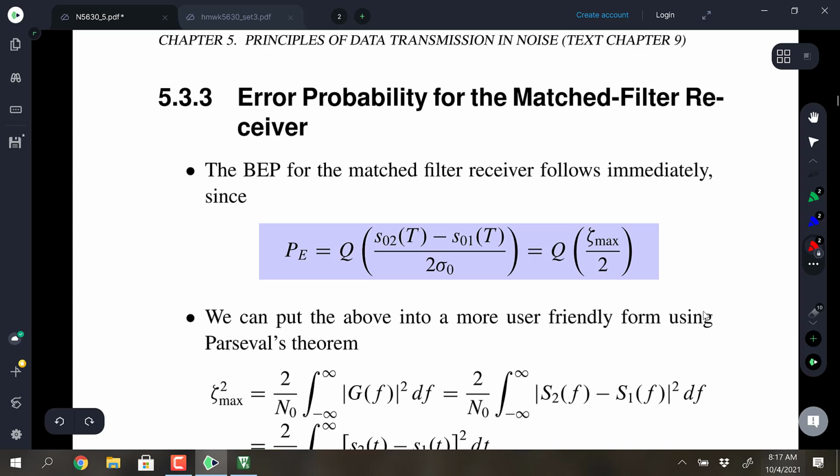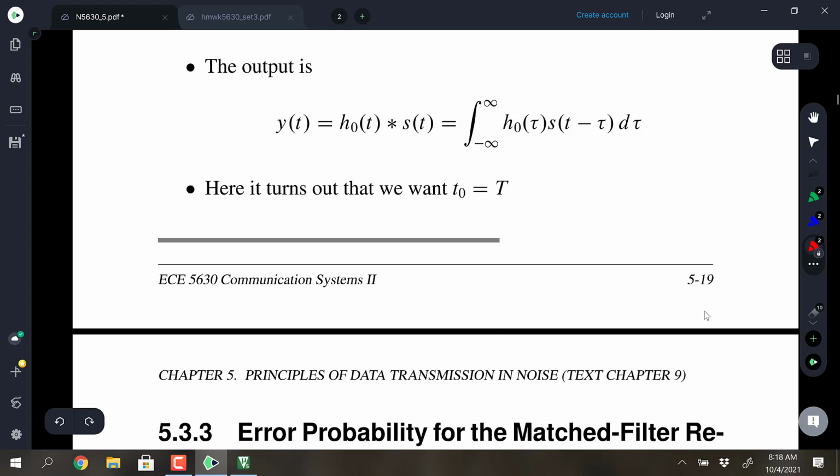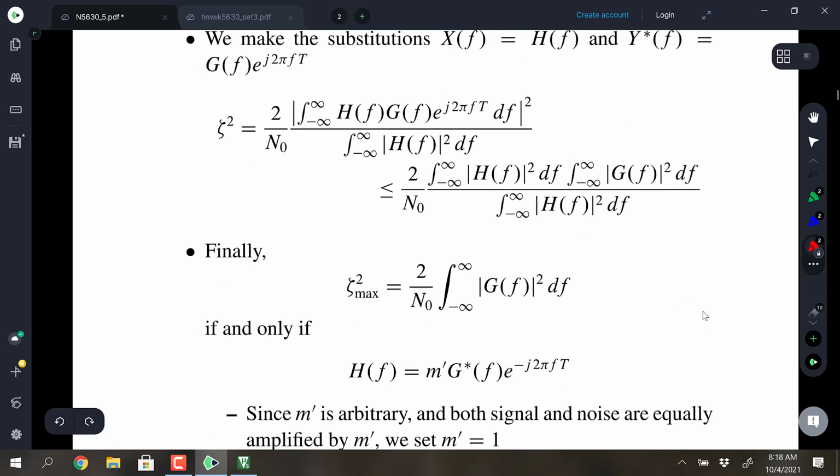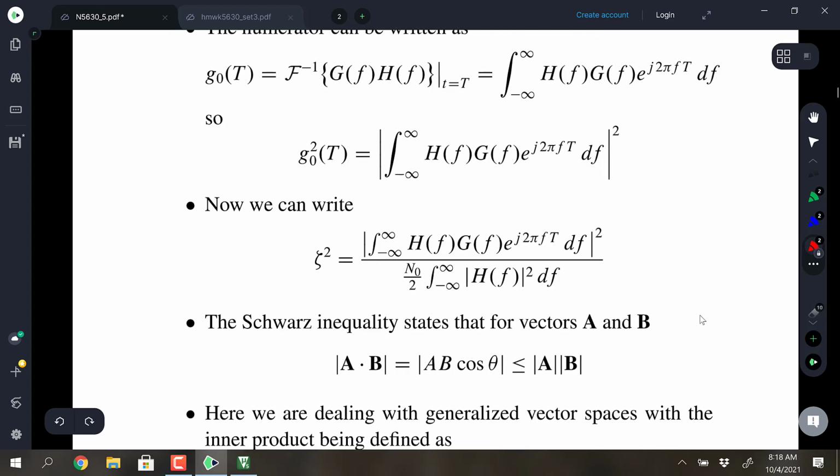So then we get into, okay, now we know what this optimum is, and we can come up with it. Then some other definitions come into play, namely that this zeta max is that ratio that we defined way back over here. Zeta was, let's see, where did it show up? Right in here.